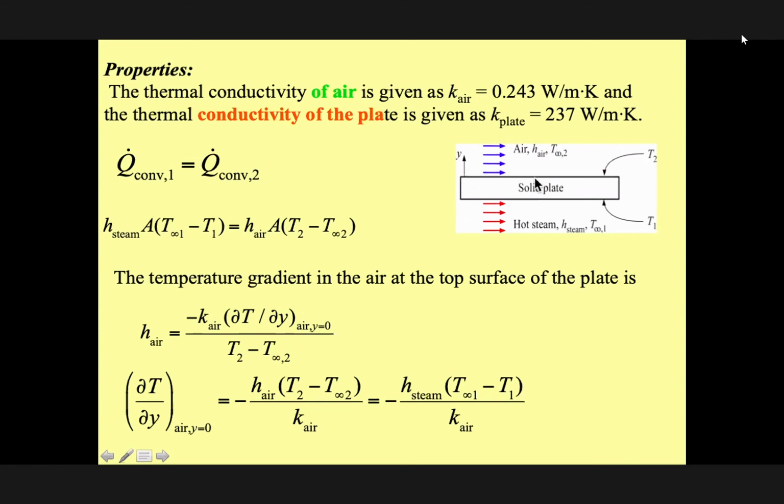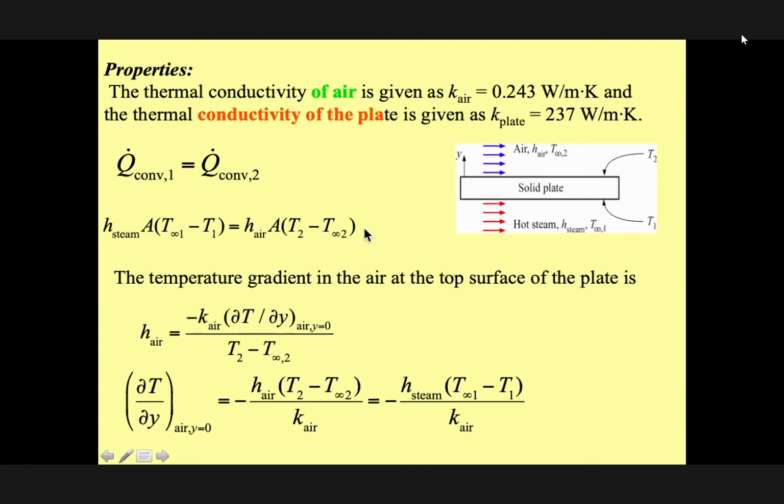But we mentioned, remember, that in the boundary layer the heat transfer is by conduction. Therefore, I can write this expression here. This expression is equal to the conduction through the boundary layer. It is equal to K of air times this one.